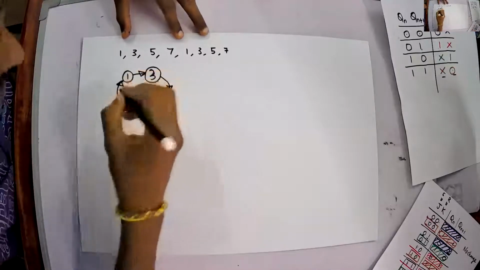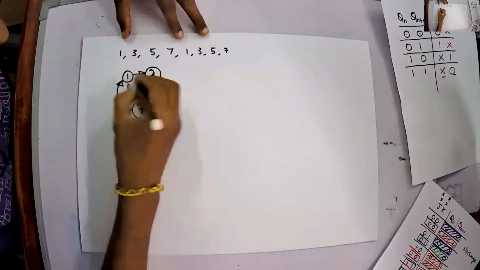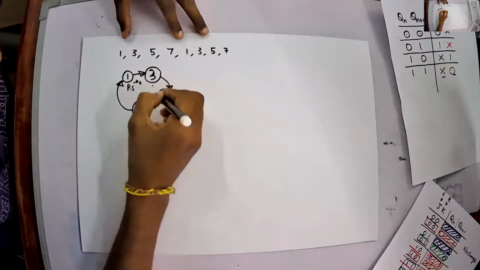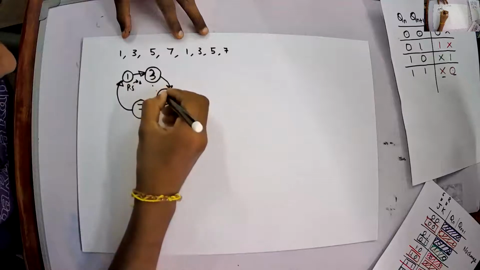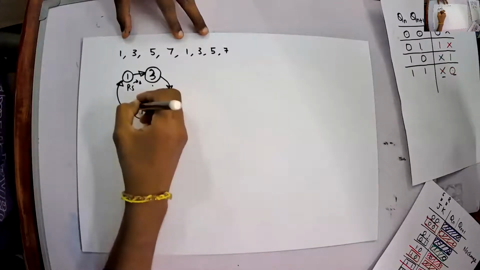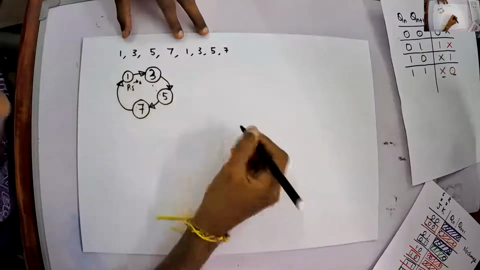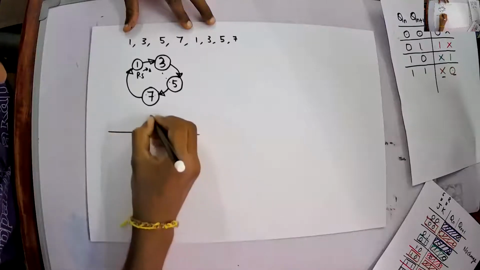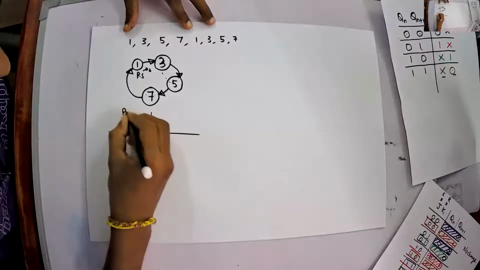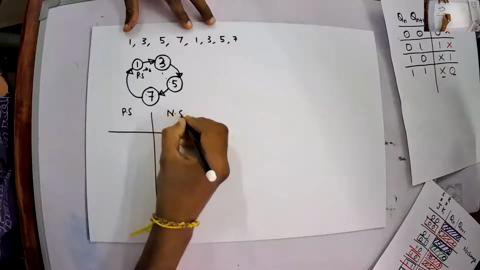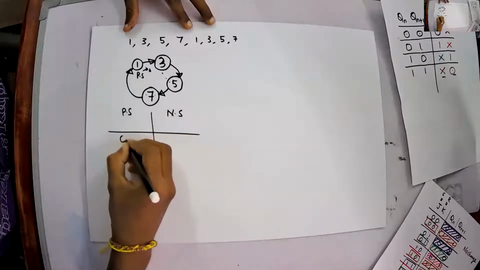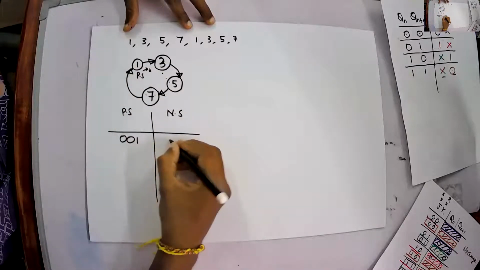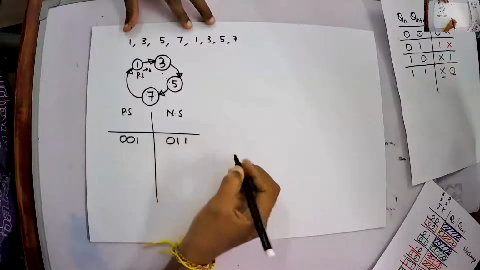So if my present state is 1, my next state will be 3. If my present state is 3, next state is 5. If my present state is 5, next state is 7. If my present state is 7, my next state is 1. If I write it in binary, I can write the state table. So this is my PS, this is my NS. So 0, 0, 1, which is 1, my next state will be 3, which is 0, 1, 1.